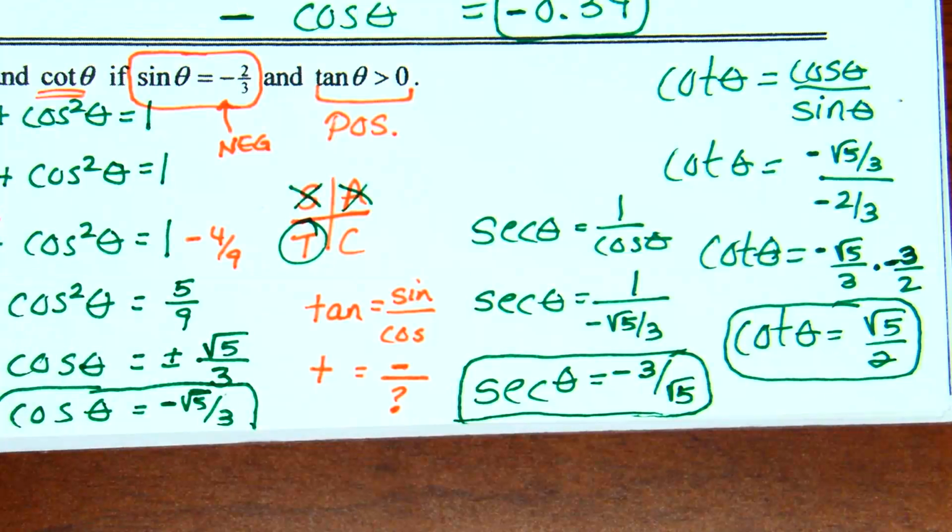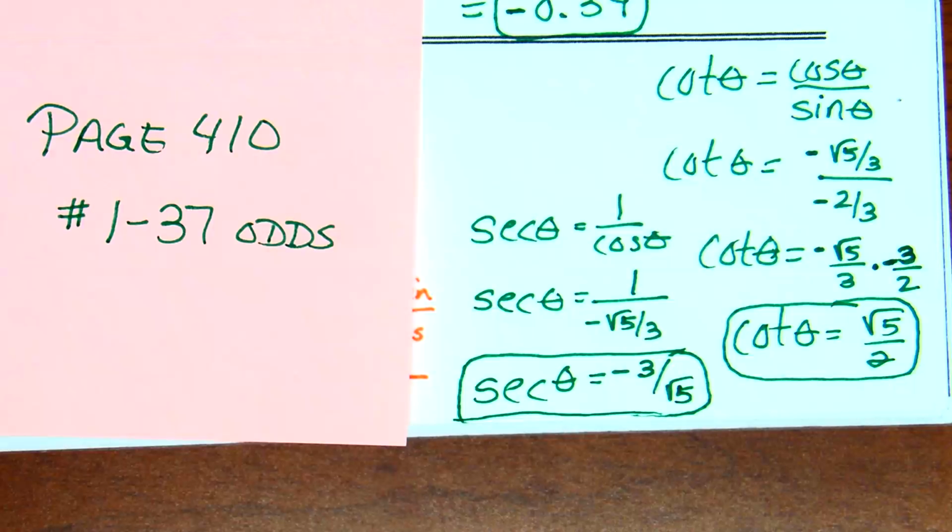If you'd like to start looking at the beginning of homework, you can. It's page 410, 1 through 37 odds. My plan tomorrow, I don't think we'll do all of the back pieces. We'll just pick a handful to give you guys ideas because it just comes down to practicing. I cannot stress enough that the more you practice it, the more tricks you'll figure out.